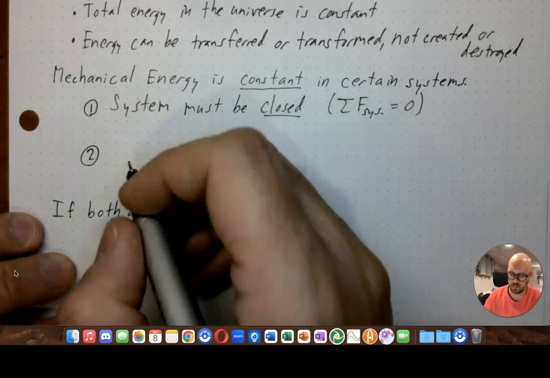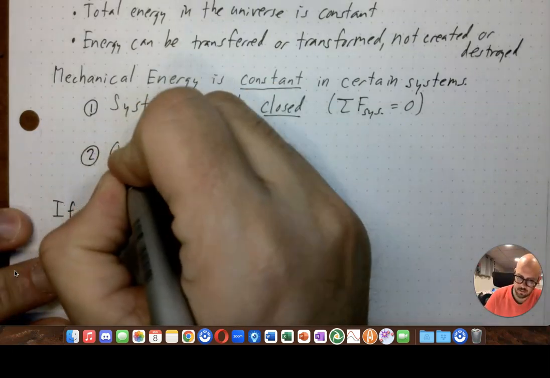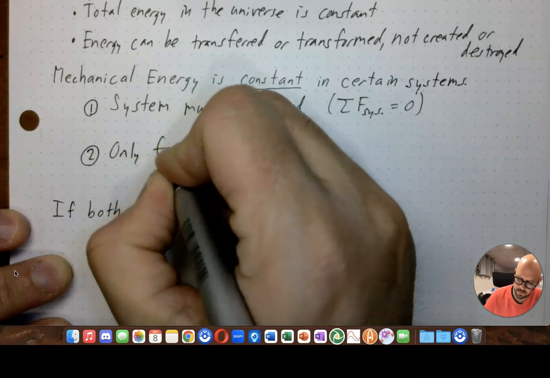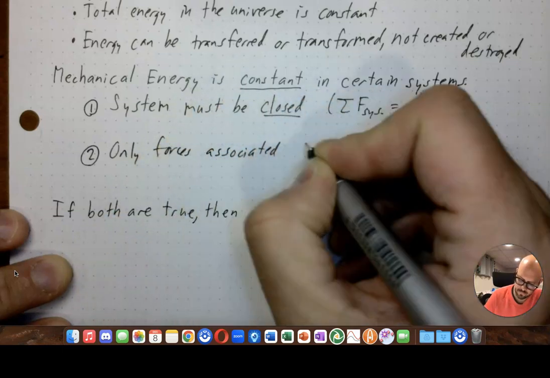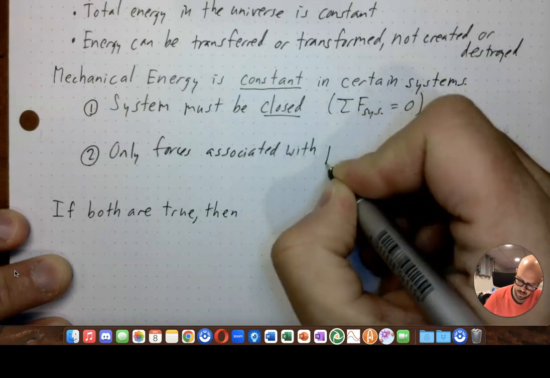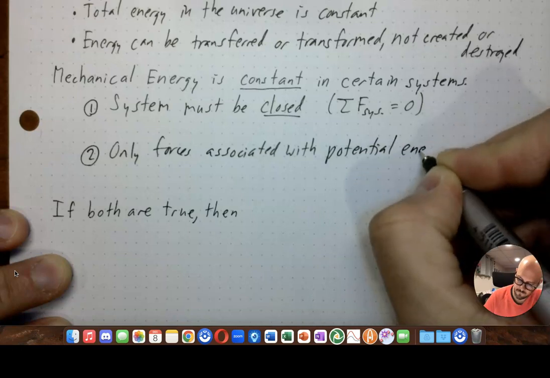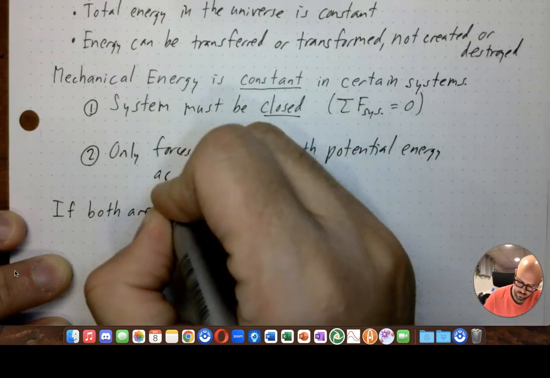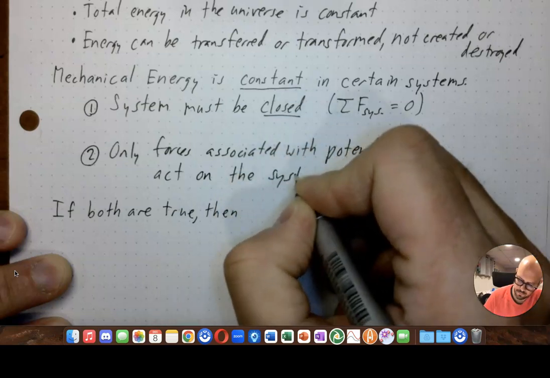The second one is a little bit more nuanced. In order for mechanical energy to be constant, only forces associated with potential energy act on the system.